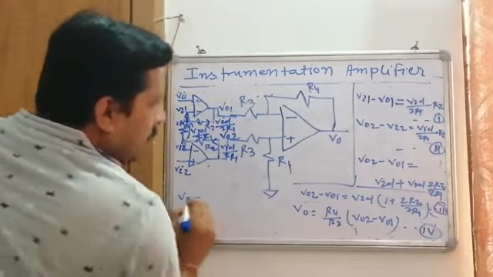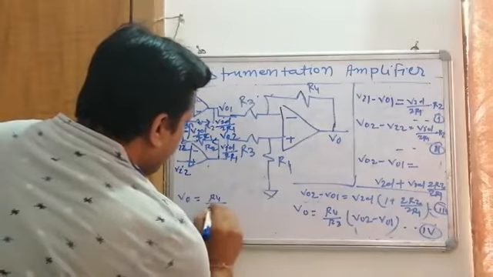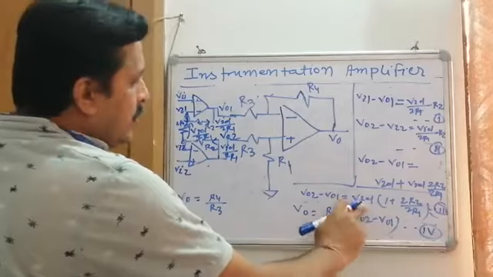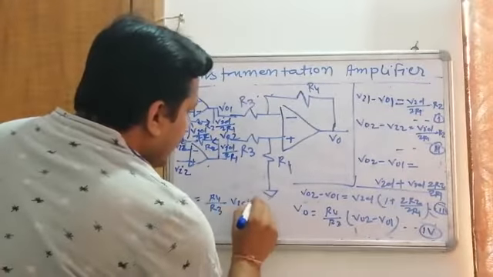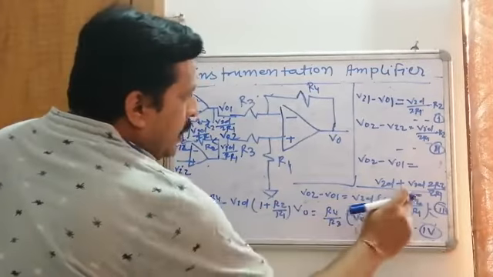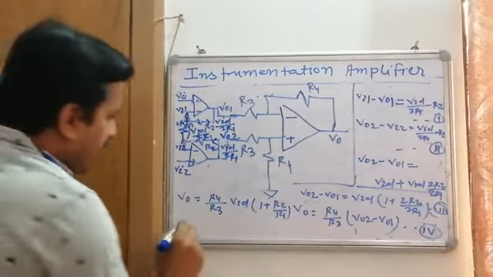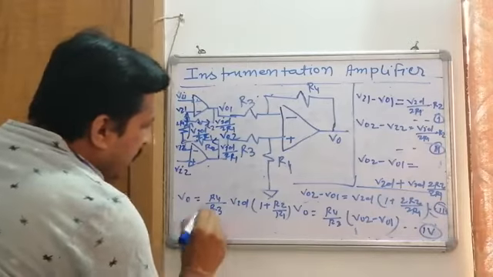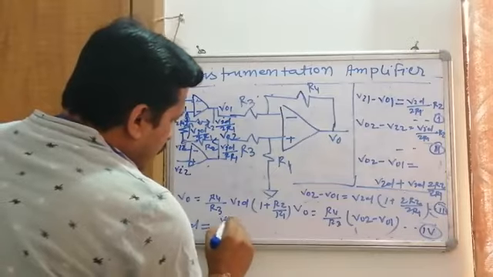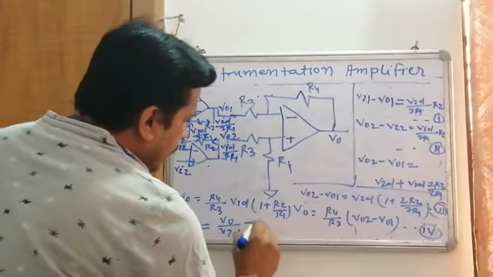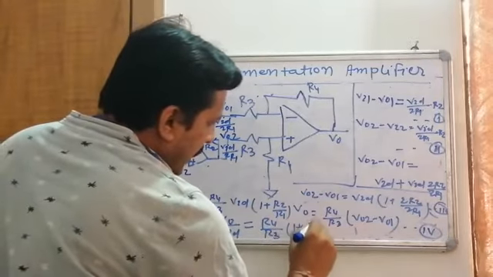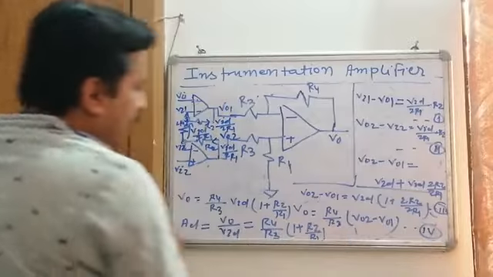Now V0 is equal to R4 by R3 and V02 minus V01 is equal to VID times 1 plus R2 by R1, because these two will cancel out each other. What is the differential gain? AD is equal to V0 by VID is equal to R4 by R3 times 1 plus R2 by R1.